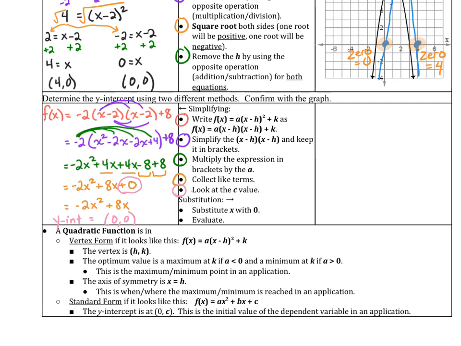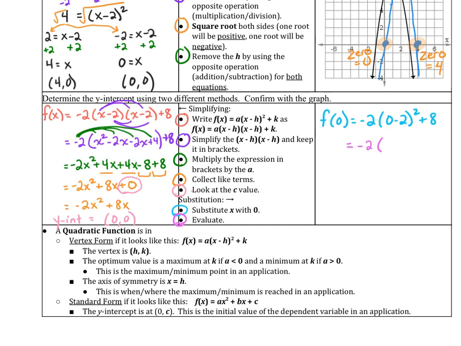The second thing that you can do is to substitute the x with 0. So you're going to take the x and substitute it with 0. That is negative 2 times (0 minus 2) squared plus 8. Then you're going to evaluate, using either your calculator or BEDMAS.